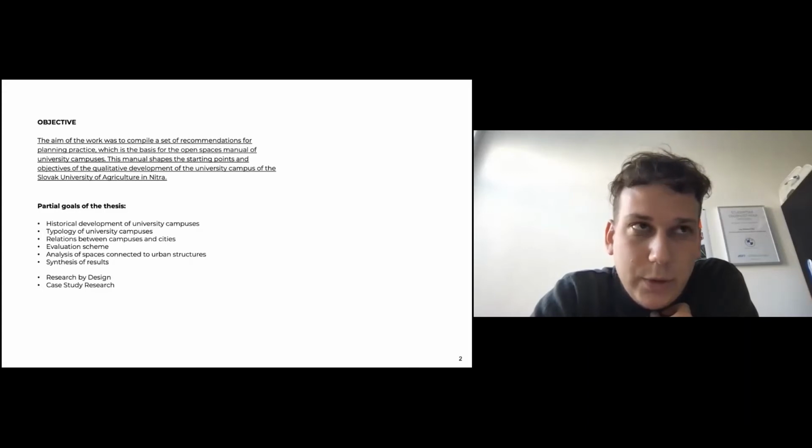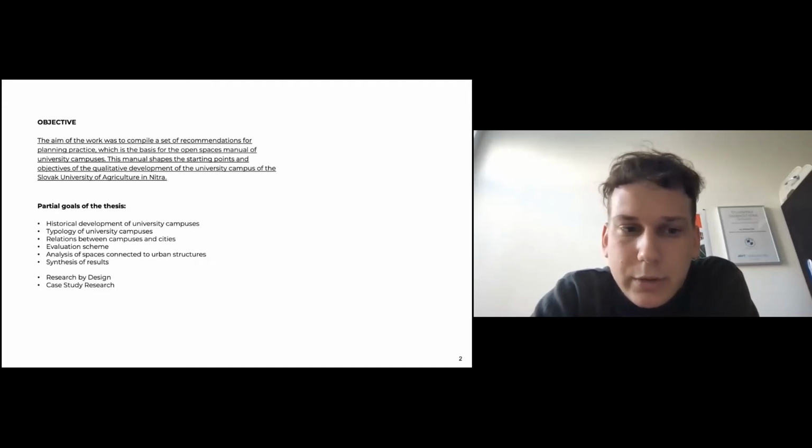So we collected information about the research by design methodology, but then we did it just as a research for design, because at the end, as I mentioned, it was just a set of recommendations, not the design itself, and it needs to be developed more later on.